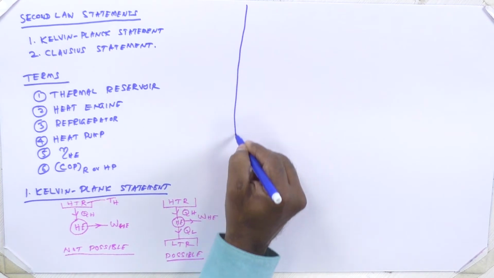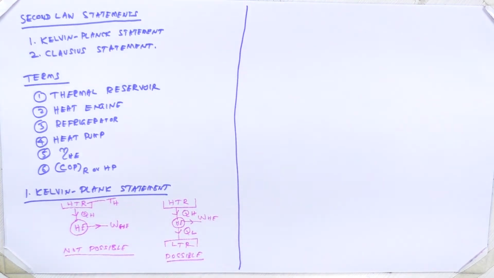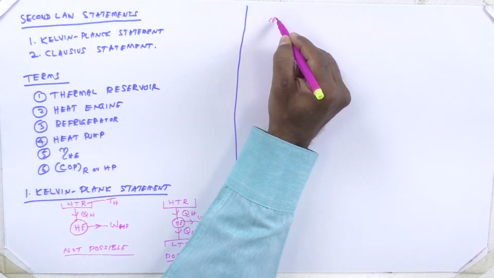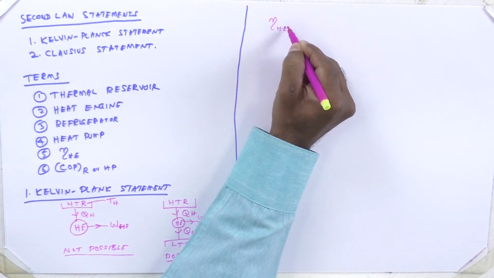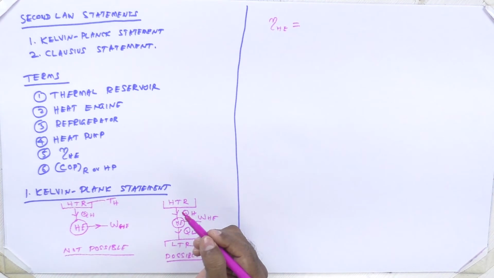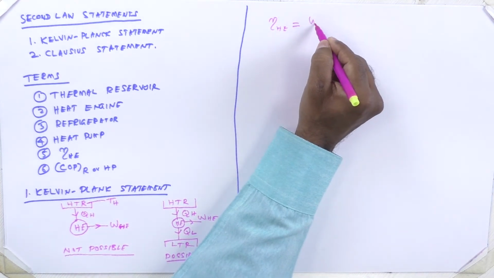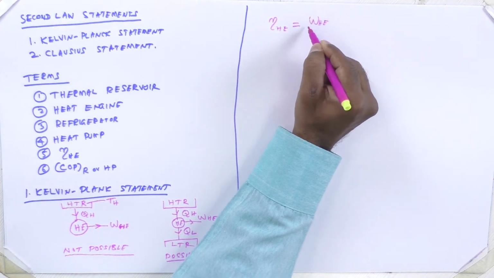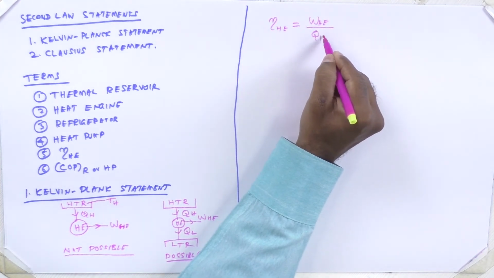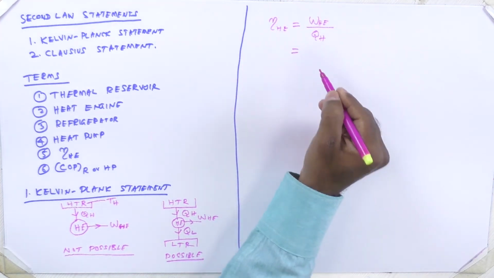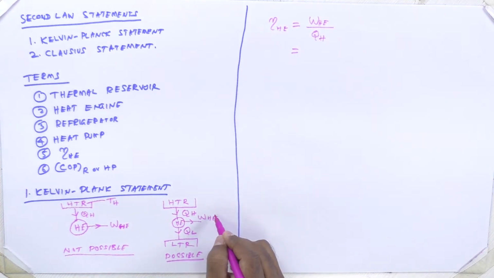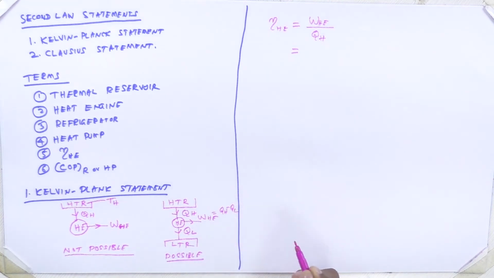Now let us go to the Clausius statement. Before going to the Clausius statement, we can derive the efficiency of the heat engine. Efficiency is nothing but output by input. According to this possible heat engine, the output is WHE and the input is QH. Now let us derive WHE. WHE is nothing but QH minus QL.